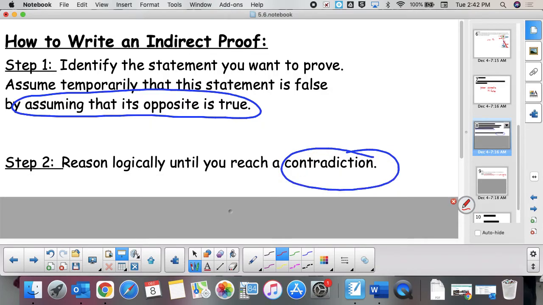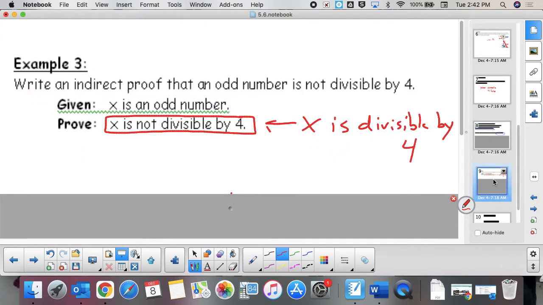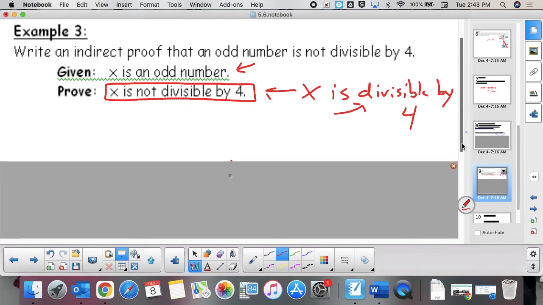And then it says reason logically until we get a contradiction. Okay, so we know x is an odd number, and we're assuming that x is divisible by 4. We're going to reason through this and try to see if we come across a contradiction. So x is an odd number.